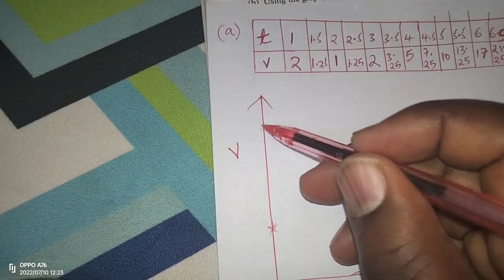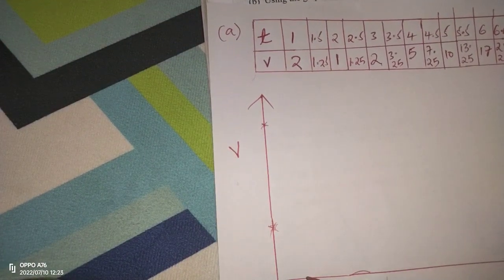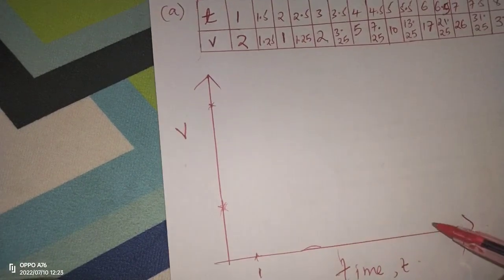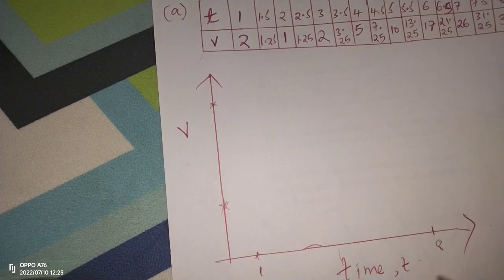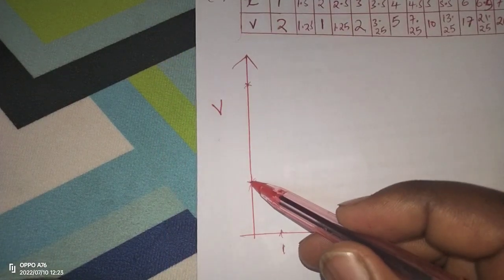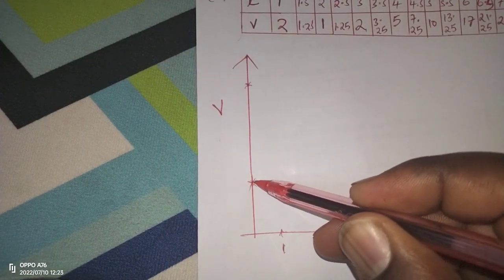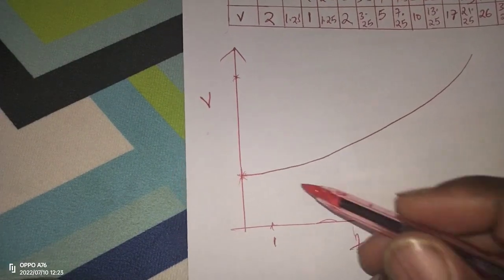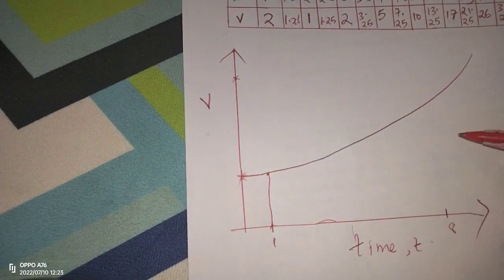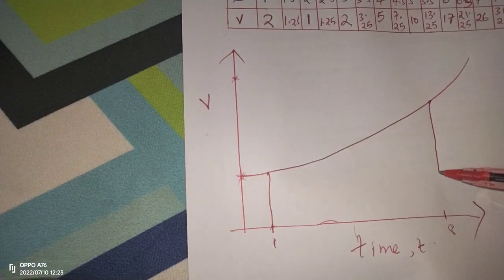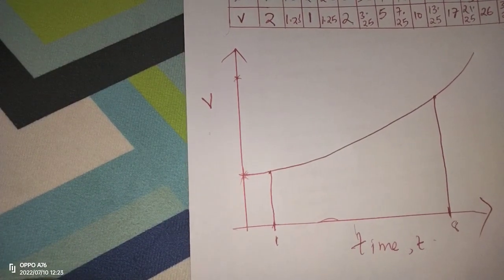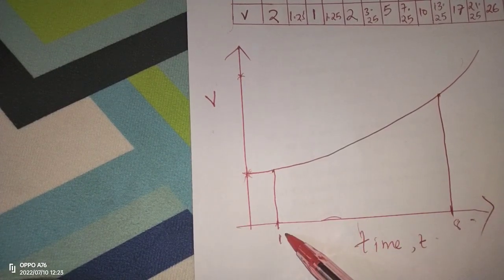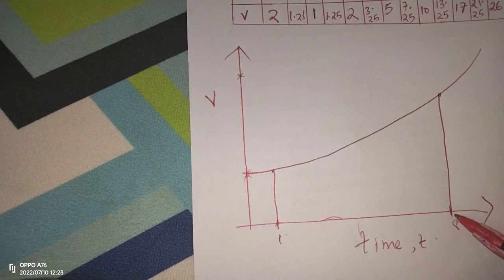Then time is ranging from 1 up to 8. Therefore, this curve is going to move such that from 1 up to 8, there is area enclosed by the curve, the t-axis, and the lines t equals 1 and t equals 8.